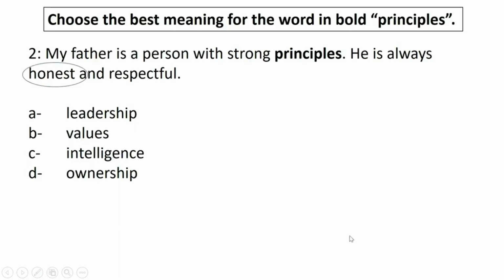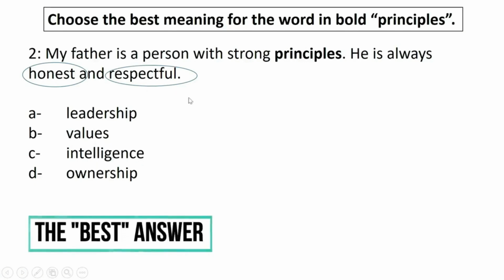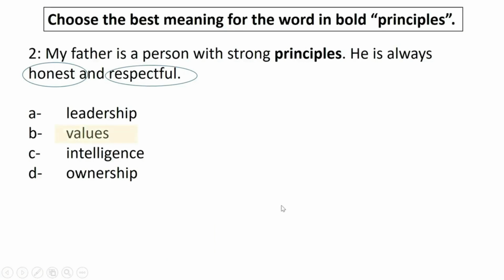Keywords here are honest and respectful. And from the words we have here as choices, the closest meaning to honesty and respectfulness we can say is, of course, values. So the closest meaning to principles here is values through context.